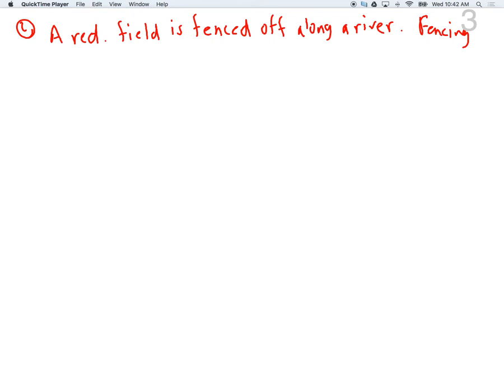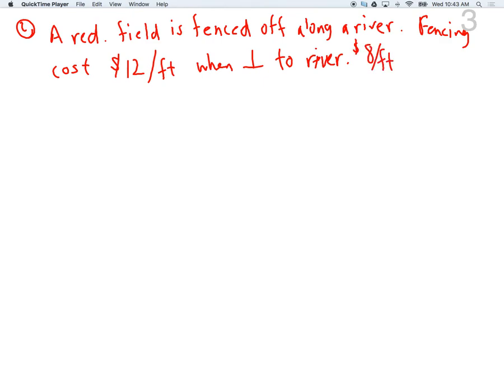Fencing costs $12 per foot when it's perpendicular to the river. When perpendicular to river. However, it's only $8 per foot when parallel to the river.